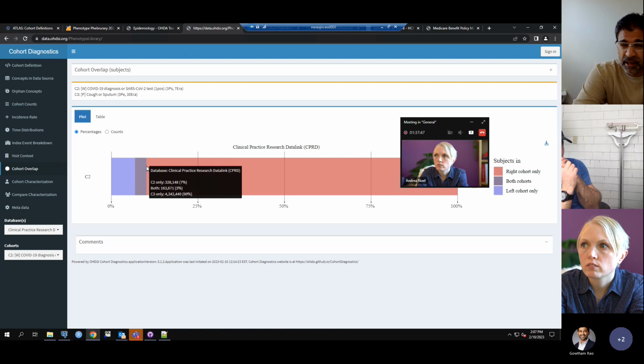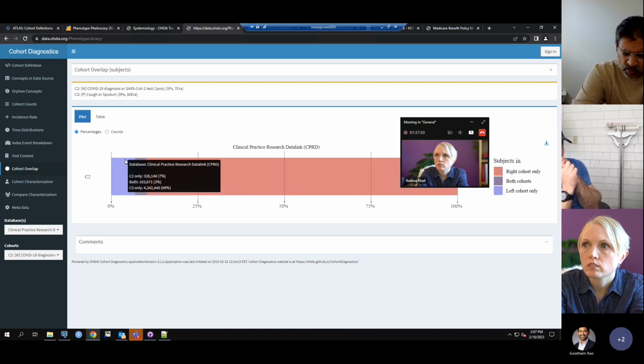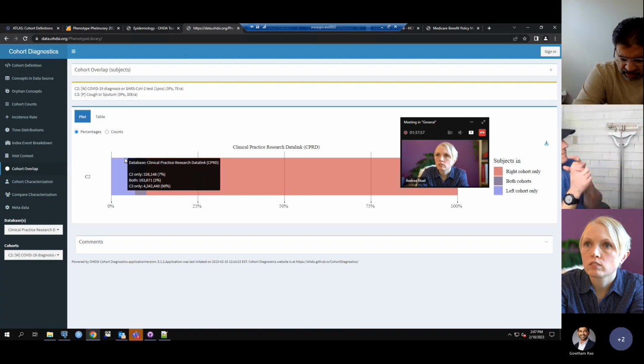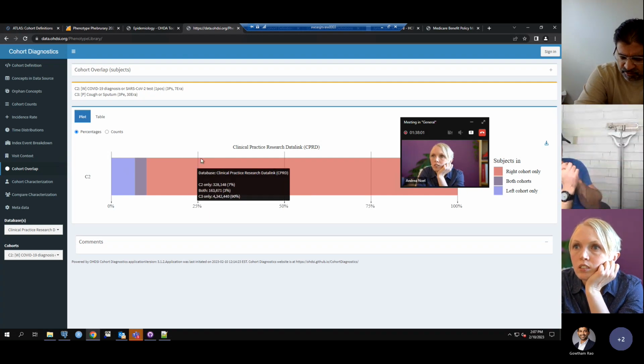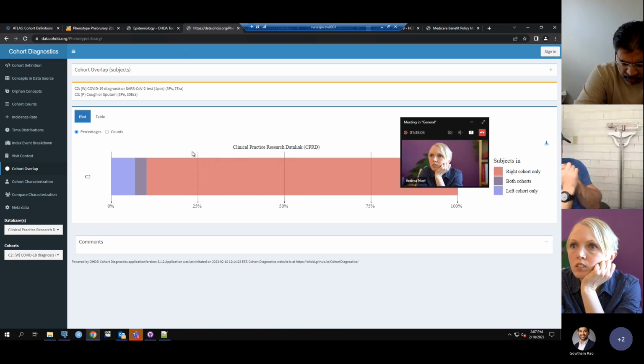So we can actually compare persons with anaphylaxis versus persons with anaphylaxis as defined by this new outpatient physician's office criteria and see the overlap. This visual gives you person-level overlap. It does not give you event-level overlap.